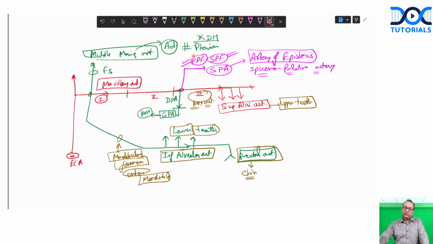In the pterygopalatine fossa, the name is the sphenopalatine artery, and it is the artery of epistaxis. It is the major artery to Little's area. If you were asking about the maxillary artery branches, I have given you the maxillary artery branches. They are important, especially for Little's area.